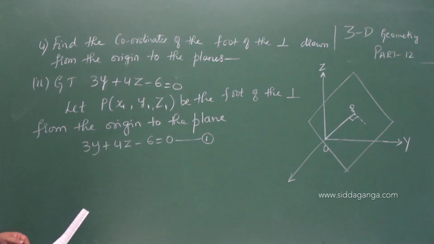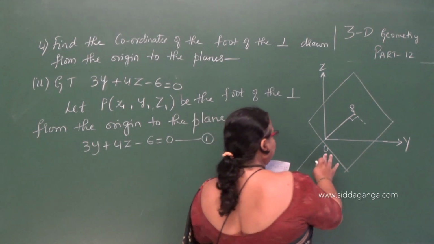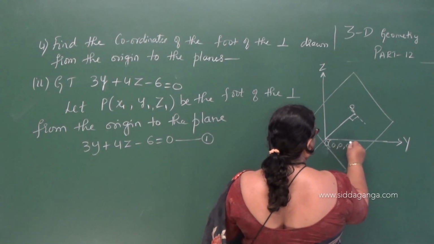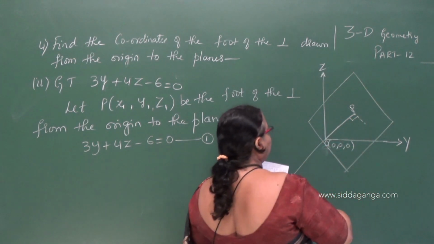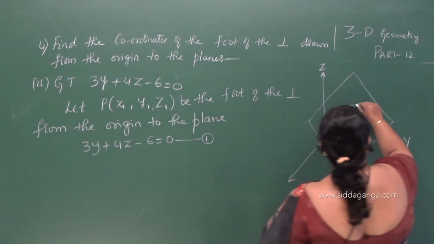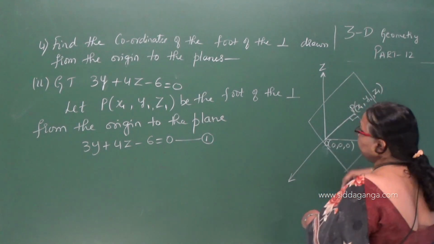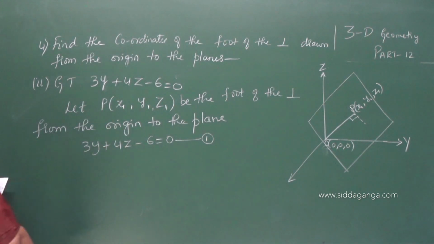Now you write the direction ratios. We know the coordinates of the origin, that is 0, 0, 0. Now the direction ratios of the line OP are the coordinates of point P, which we have to find.